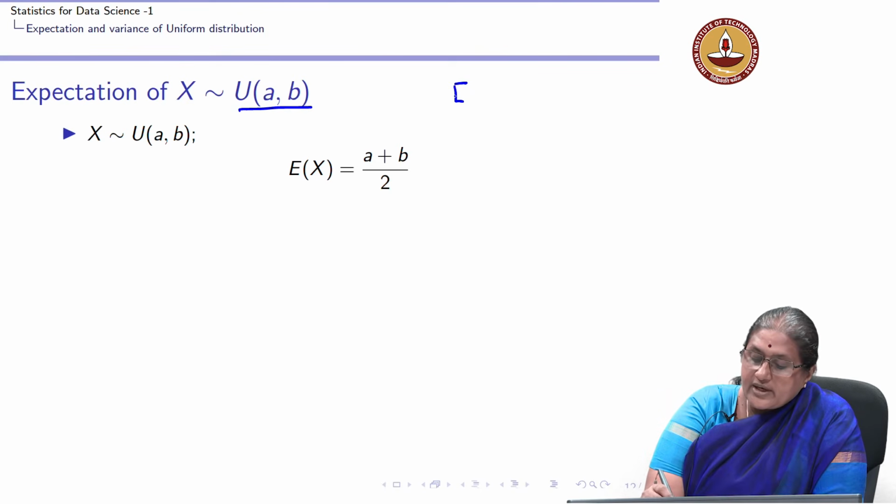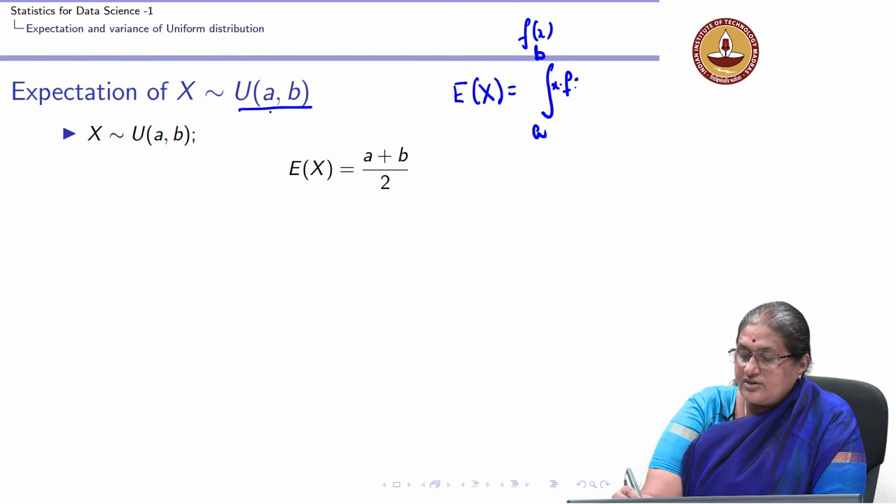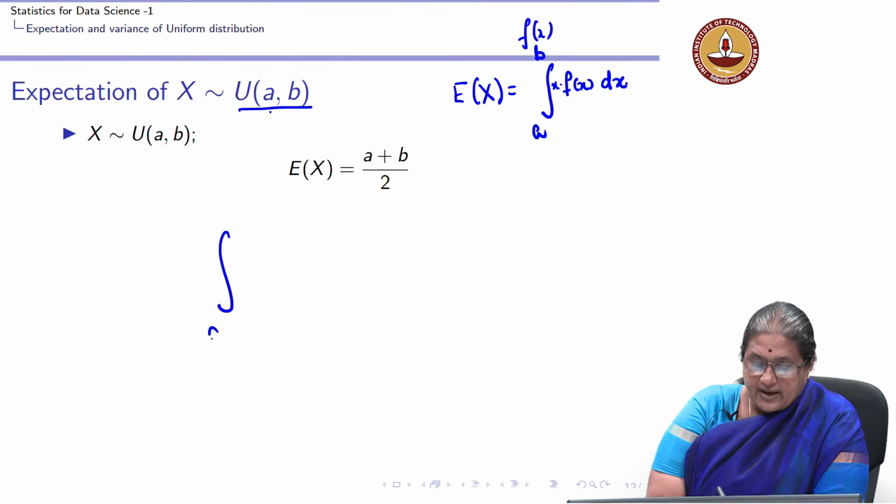We all know that the expectation of a random variable with a PDF f of x is the integral over the range of x into f of x dx. The range of definition here is a to b.